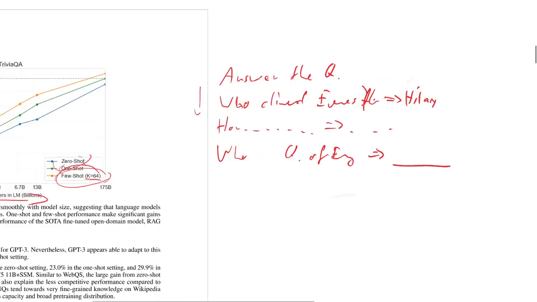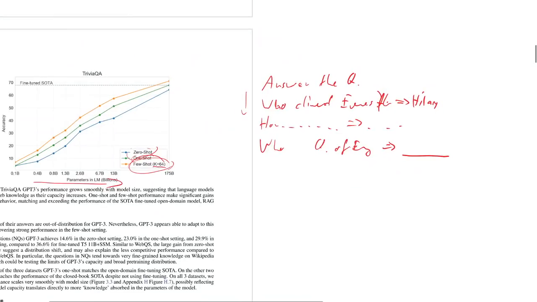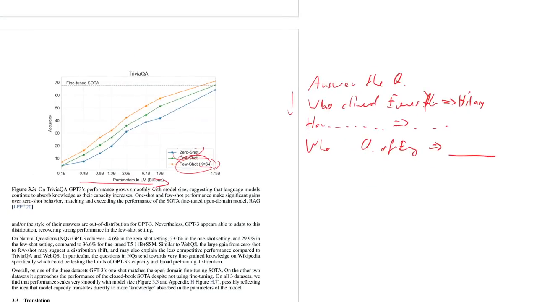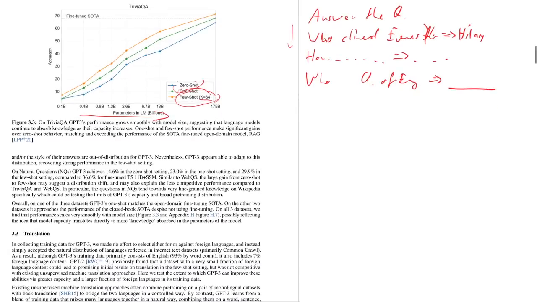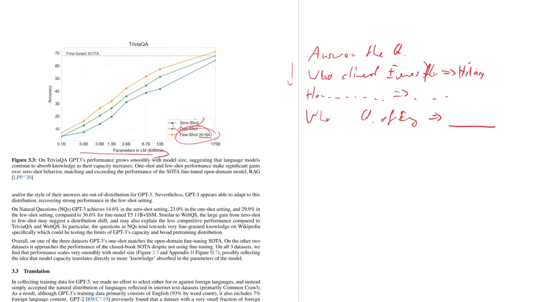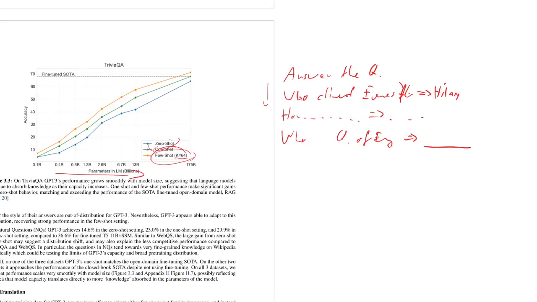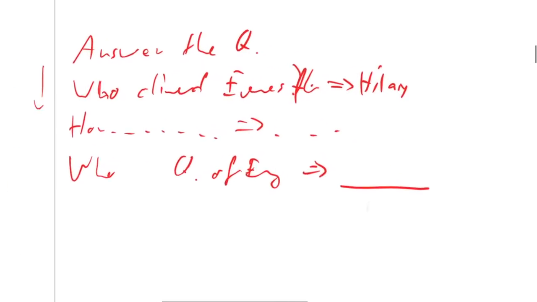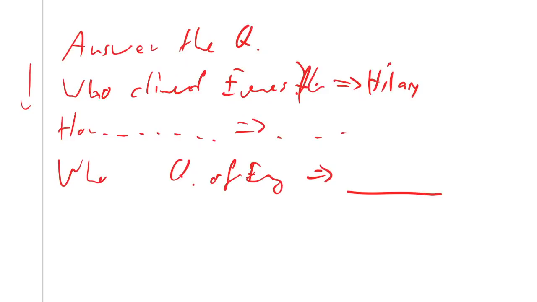Okay. And you do this in a closed book setting, which means you have no access to Wikipedia or whatever. Usually these systems can go and query Wikipedia, but this system doesn't. So you just want to know what the model has learned about the world by simply absorbing giant amounts of text.